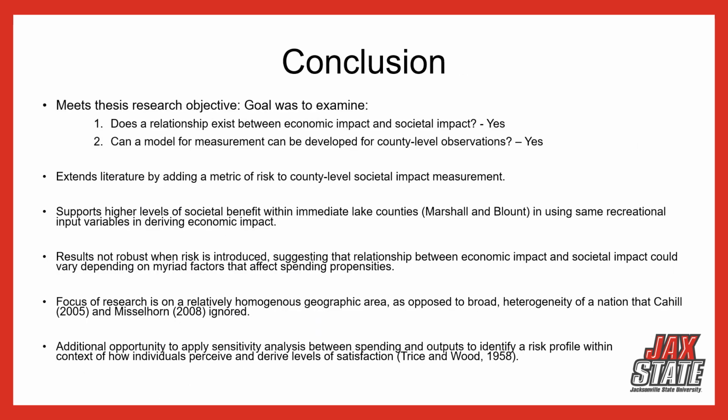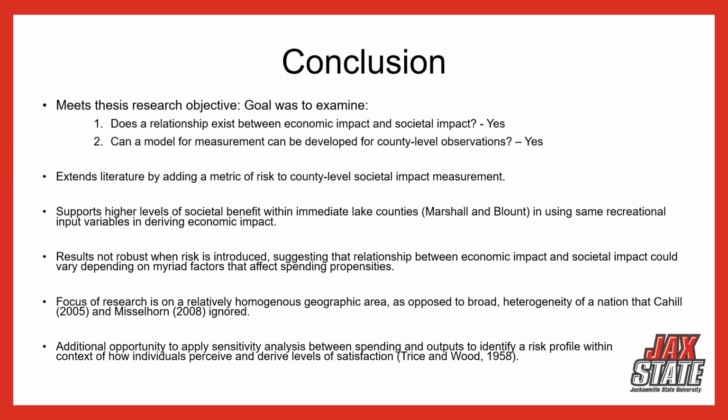So in conclusion, what we found is yes, there is a relationship between economic impact and societal impact, and this can be measured on the county level. But once we introduce risk into this model, the idea of societal impact is more inconclusive, because without risk we see that we are producing more societal impact, but the risk we have, in other words the standard deviation and the coefficient of variation, those metrics are showing the risk, which is variability.